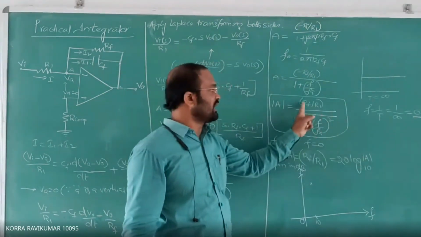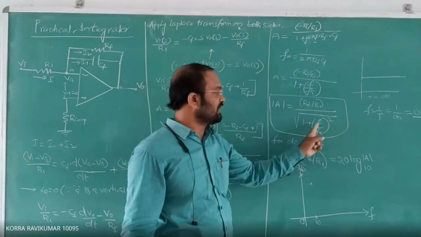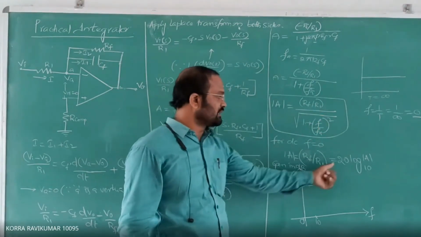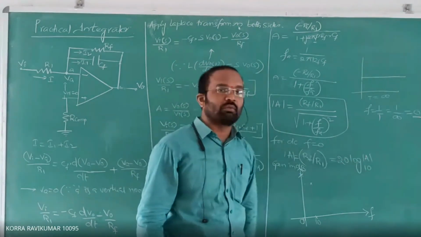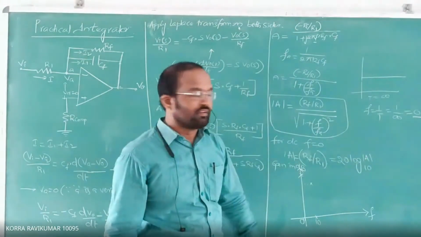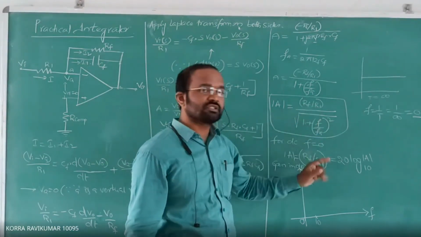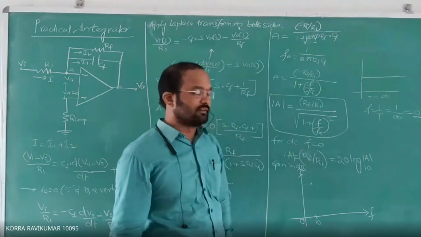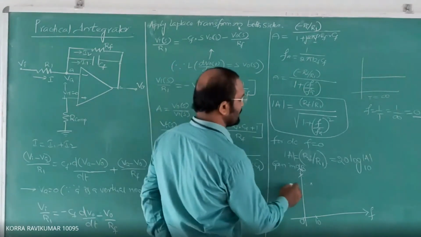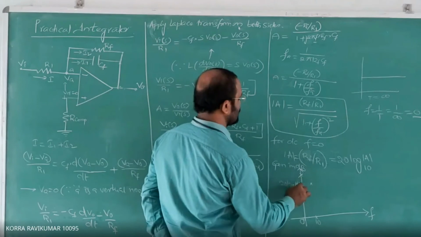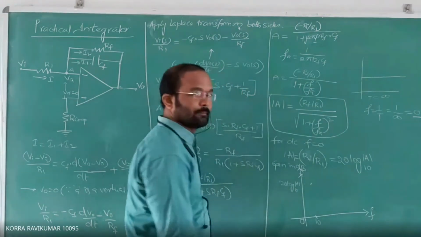If you know the Rf and R1 values as well as the f and fa values, then you can calculate gain in dB as 20 into log mod A to the base 10, where mod A is equal to this expression.